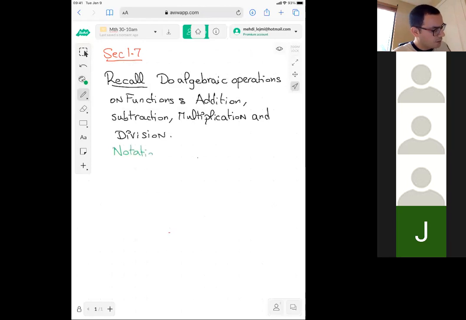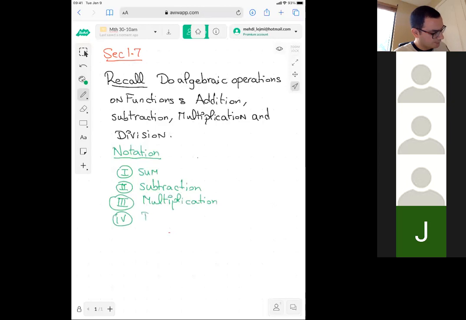Notation: first for the sum, second for subtraction, then of course the product or multiplication, and then division. The notation for the sum, with f and g two functions, is f plus g of x, which is f of x plus g of x.